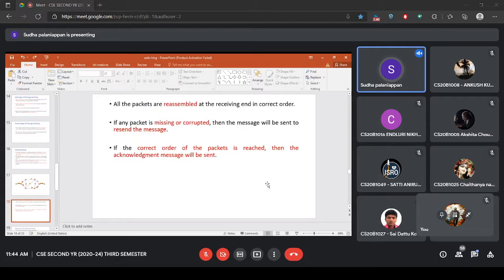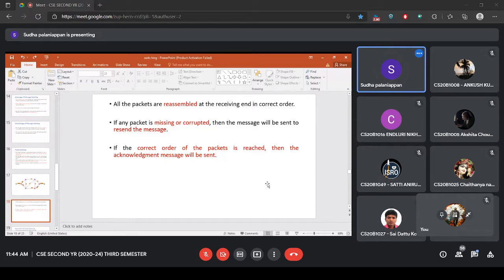If any packet is missed or corrupted, then the sender can resend it based on the acknowledgement. If the acknowledgement is not received within the limited time period, then the sender will resend the packet, right?